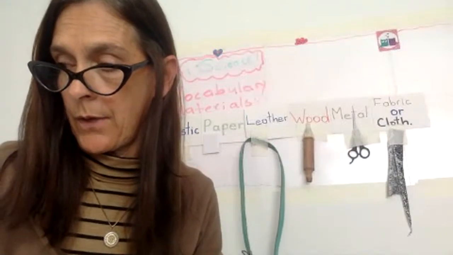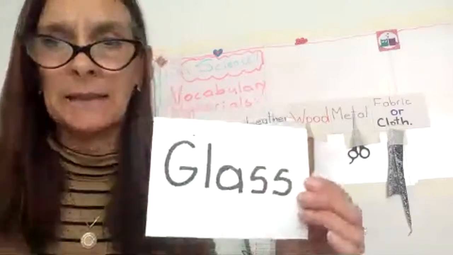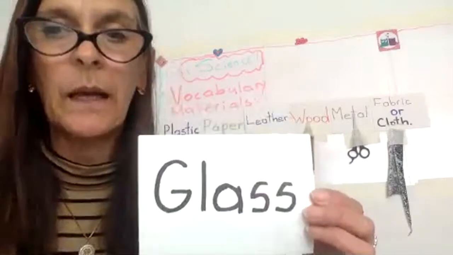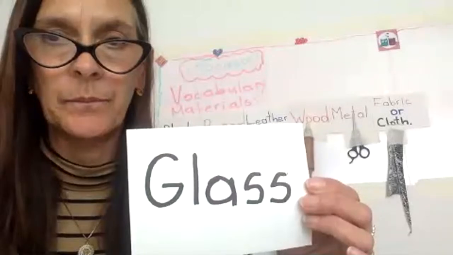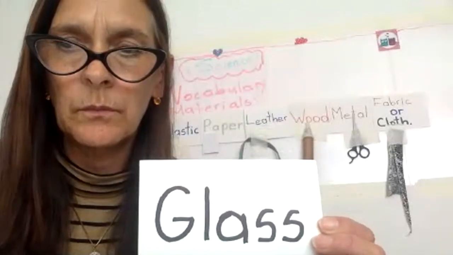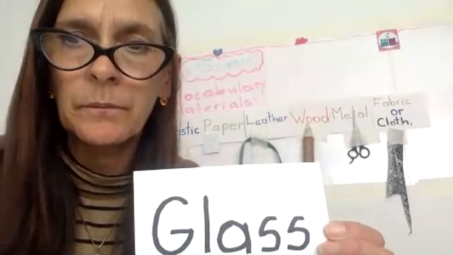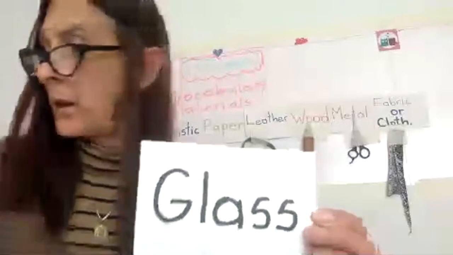Now we have one more, the last word, that is glass. What is it? Glass. What is made of glass? Do you know? If you want, you can write it down in the chat, so I will know.